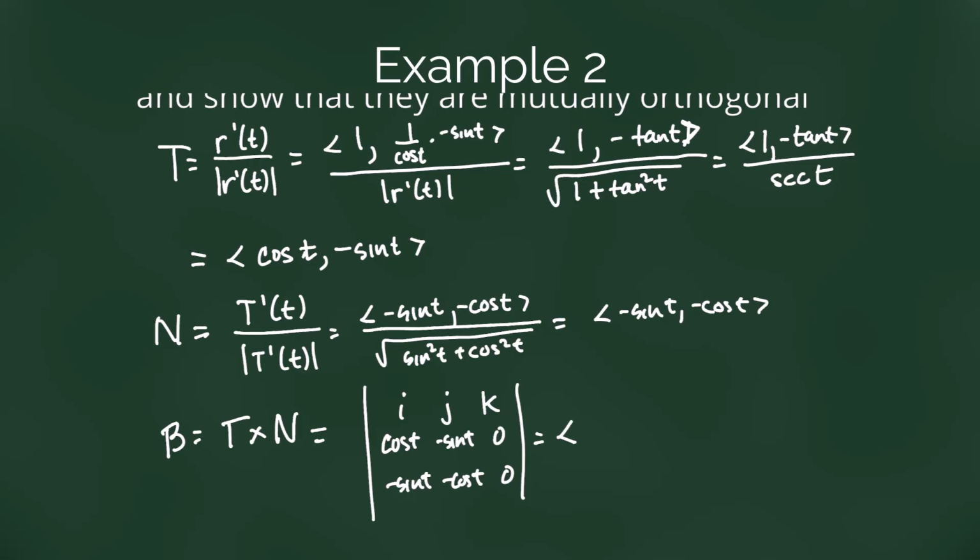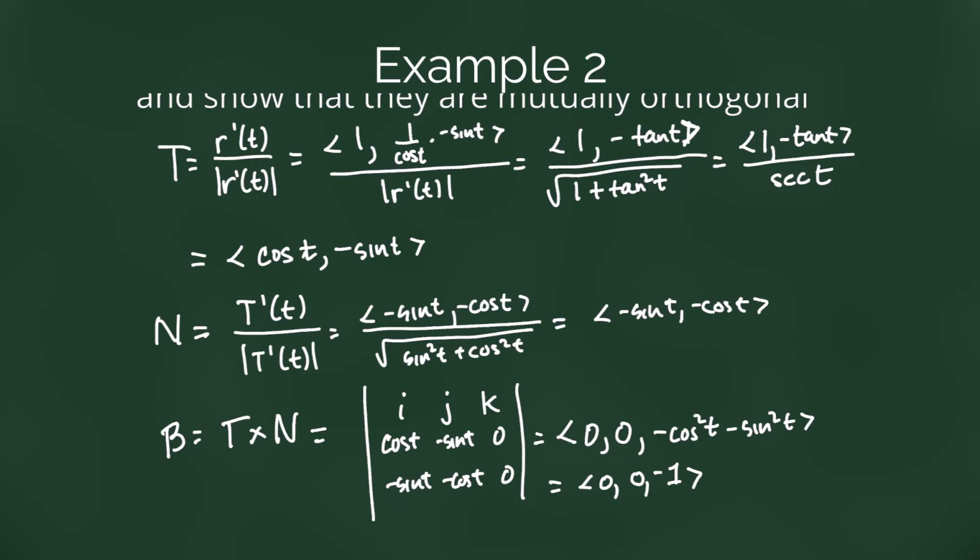And so when we do our determinant for i, we get 0. When we do our determinant for j, also 0. When we do our determinant for k, we're going to get negative cosine squared of t minus a positive sine squared of t, so minus sine squared of t, which is negative 1. So we get the vector ⟨0, 0, negative 1⟩ for our vector B.